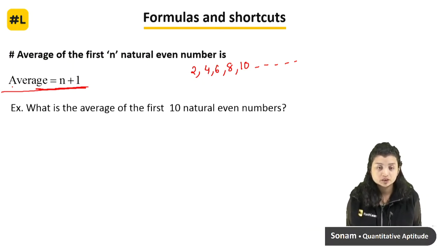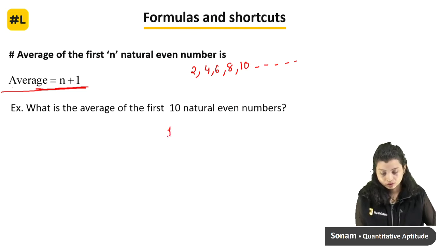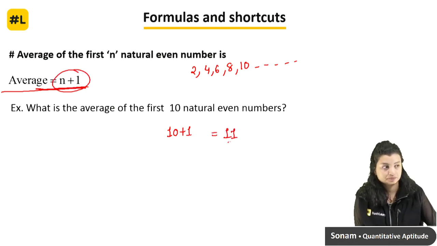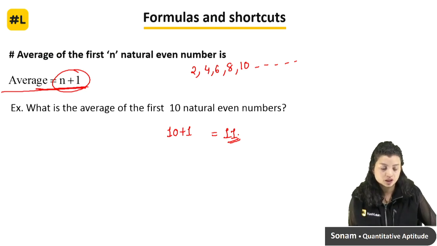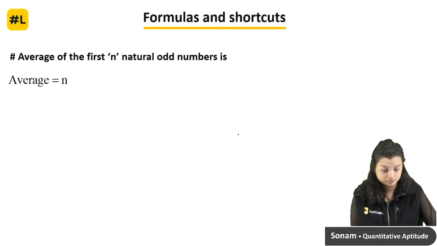What is the average of first 10 natural even numbers? So it's simply 10 plus 1. The formula is n plus 1, right? So you will simply do this. Yeah, Gurunath, correct.